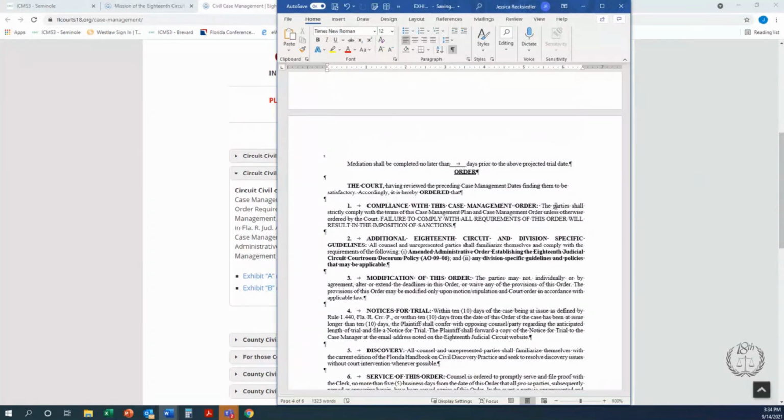The other thing I would indicate is I know there are issues at times where one side may not be cooperating with the other. What I would suggest for you to do is, when you submit the case management plan, you can file a case management plan in the court file if the other individual is not meeting with you, not cooperating with you, in order to avoid an order to show cause or issues with the court, and then submit it to the court with a cover letter in the case management order indicating the attempts that have been made to contact the opposing party.